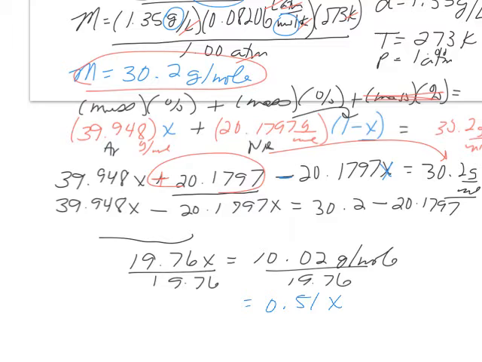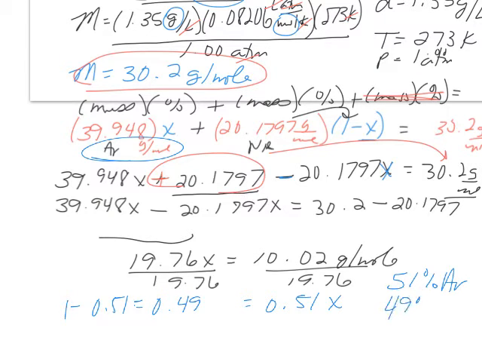So in terms of percentage, you times this by 100, and that's 51%. What was x? Argon. So what's 1 minus 0.51? That would be 0.49, right? So 49% is going to be your neon.